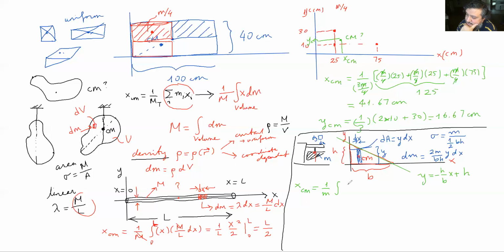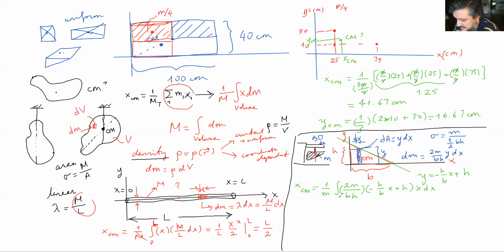So dm has 2m over bh, that's dm, times y, which is negative h over b x plus h, times x dx.